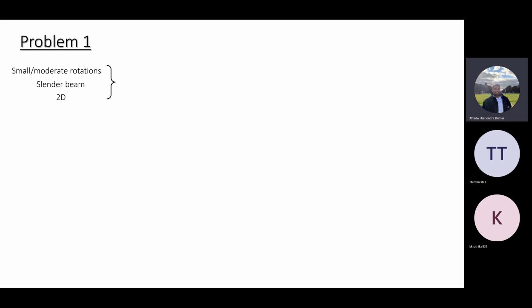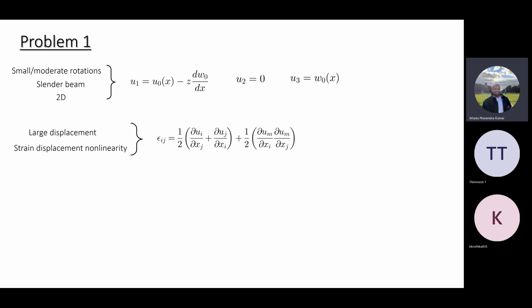So first, we are taking a slender 2D beam with small or moderate rotations. Now take the general displacement and assume that you don't have any cross-sectional warping, and then it's a 2D problem, so U2 is 0, and then you get the equations for displacement. Now we assume that we have large displacement and there is strain-displacement nonlinearity, so we need to take the Lagrange strain tensor instead of a symmetric tensor.